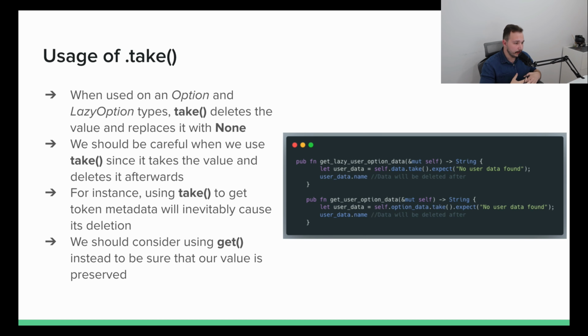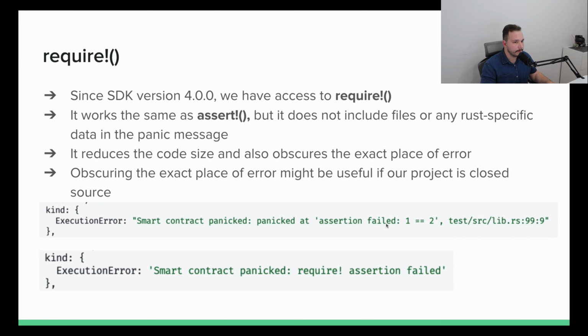So we should always prefer using get instead for those types. As in this example, we get lazy user option data, which gets data from the lazy option and the regular option. So we do self option data take. We basically get the user data, but then that user data will get deleted.